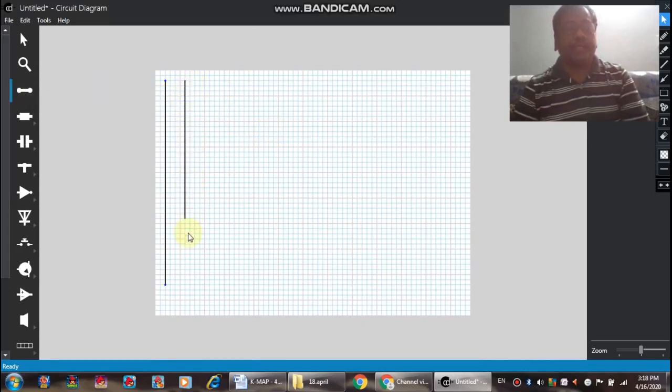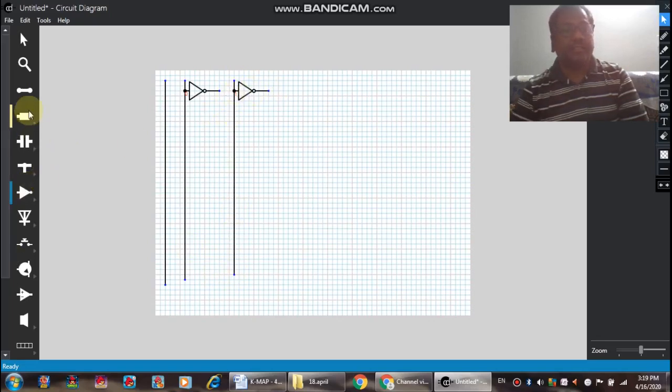We have to create a line A. We have to create a line B. We have to put a NOT gate in the B signal. Then we have to create a line for C, again with a NOT signal. Then we have to create a line for D as well as a NOT signal for D.